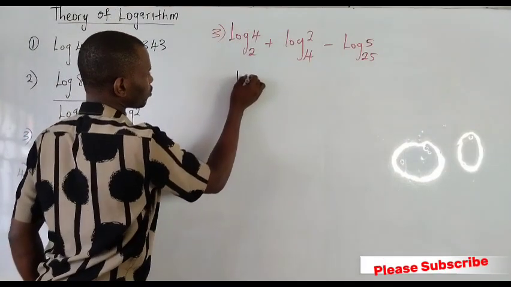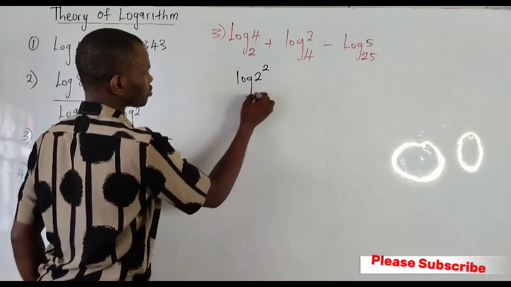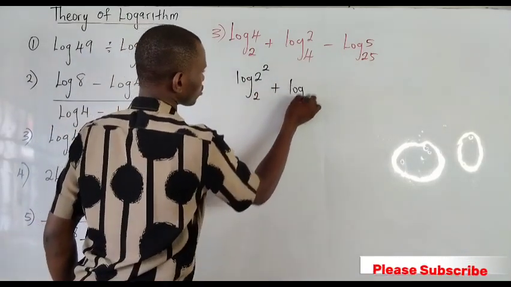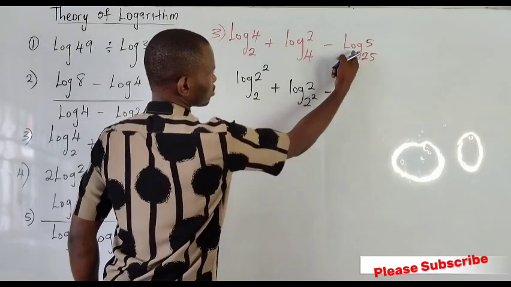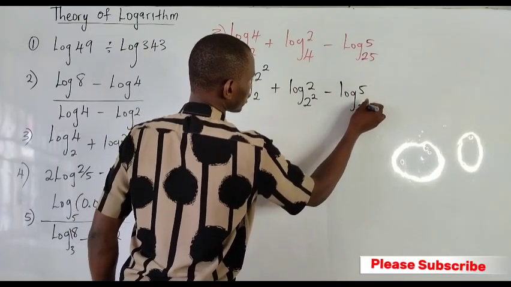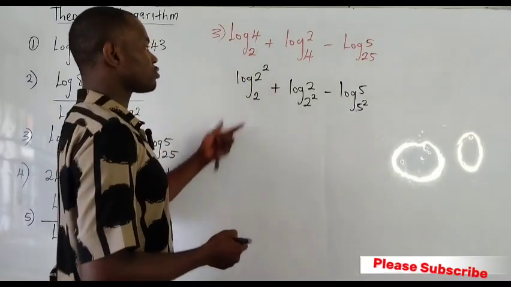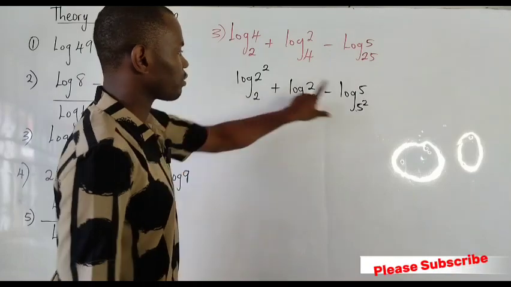Here, I will reduce 4 to its index. That's 2 raised to the power 2 plus, do the same thing here, log 2 raised to the power 2 minus, the same thing here, log 5, then 5 raised to the power of 2. So having reduced to the index, all the powers should come to the front, all of the powers.